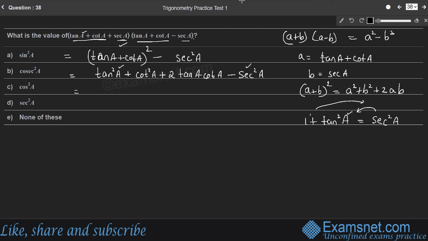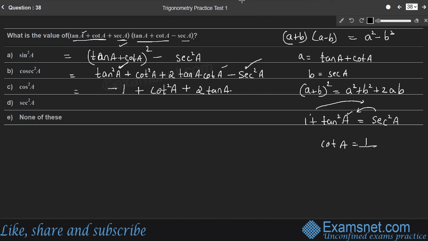So consider these two, tan square A minus secant square A, it is minus 1, plus, let the cot square A term be as it is, plus 2 times tan A into cot A, which is the inverse of tan A, right?